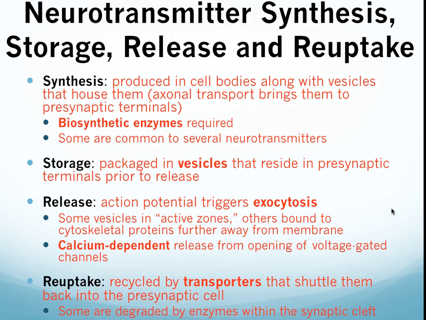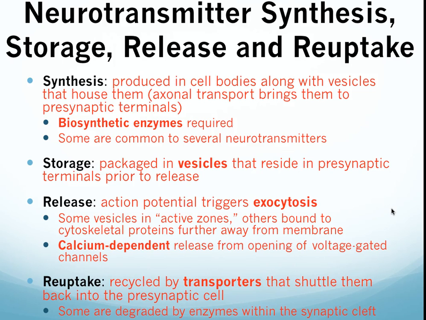And we don't want it hanging around too long. So the cell has devised a couple of different methods by which to terminate the actions of these neurotransmitters and recycle the contents. Because we're cells, we like to be efficient. We don't want to waste anything. We don't want to waste energy, and we don't want to waste goods, right?